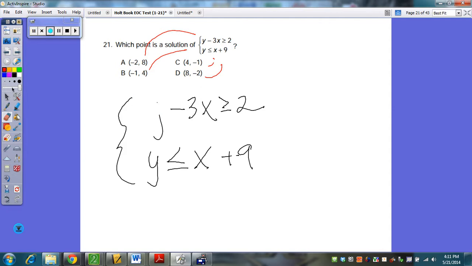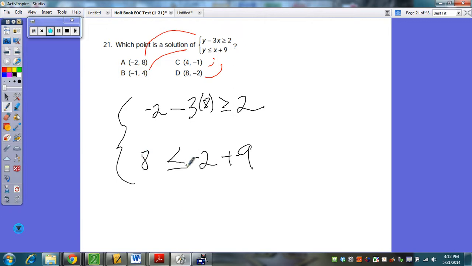So we're going to plug in negative 2 and 8. So we had negative 2. Okay. We're going to do the same thing down here. We're going to plug in negative 2 and 8.